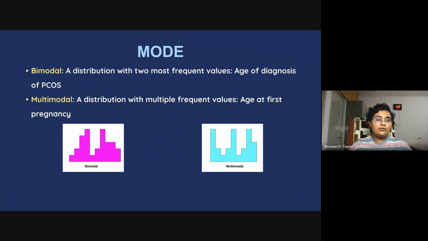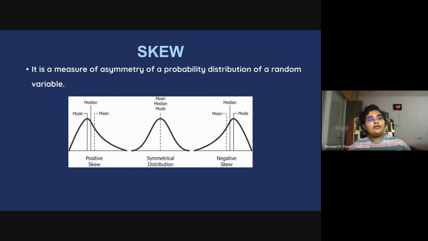Right. So when I talked about normal distribution, I told you it has a symmetrical bell-shaped curve. But if a curve has any kind of asymmetry, because of different variables, that asymmetry is called skew. As you can see in this figure, you could have positive skew or negative skew.